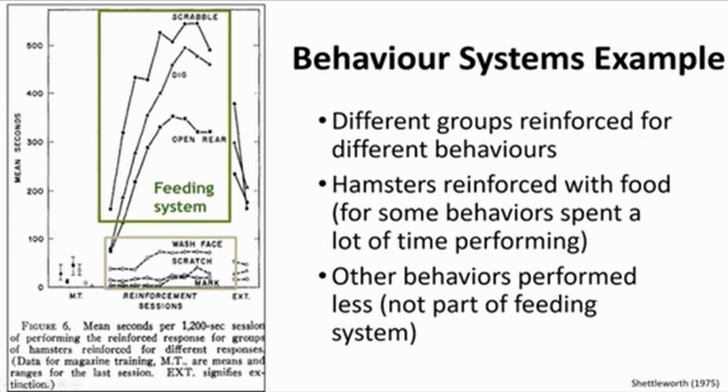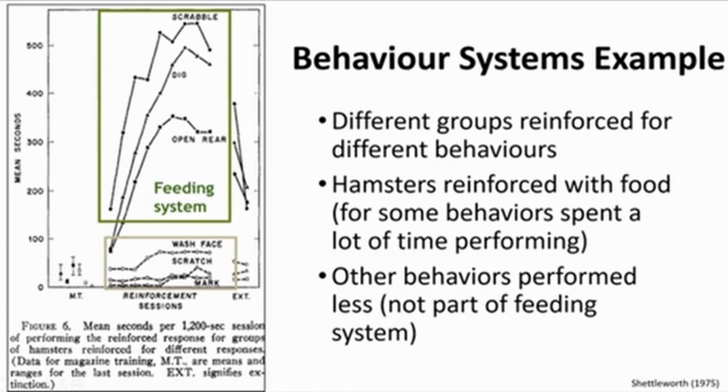And the other behaviors, the ones not related to getting or consuming food, don't show a dramatic increase. We do see a little bit of an increase, so they are maybe learning that there's an association between doing that behavior and getting food. But what we see is this dramatic increase for all three of our food-related behaviors.